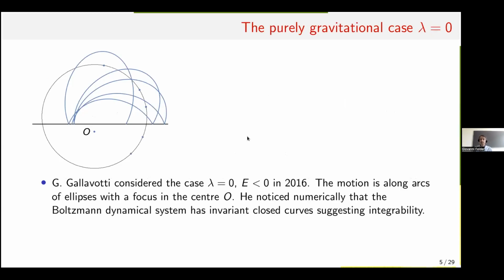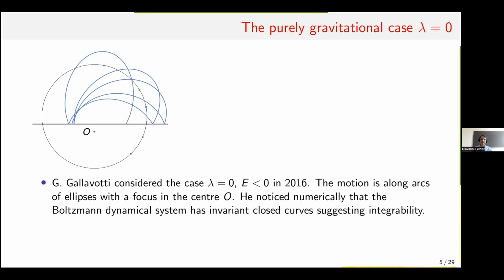So what happened is that Giovanni Gallavotti a few years ago started to read those old papers, and he also reviewed them from a historical perspective, and he started to do some numerical simulation in the case lambda equal to 0. So there is no centrifugal force, and you consider just the purely gravitational billiard.